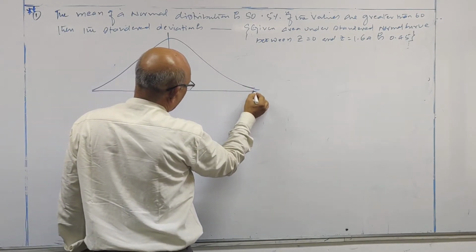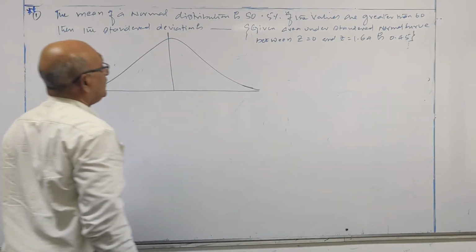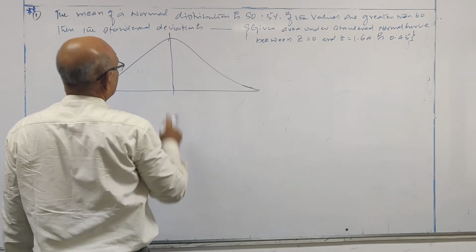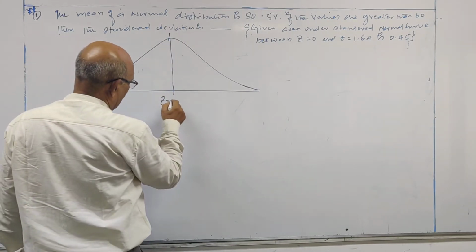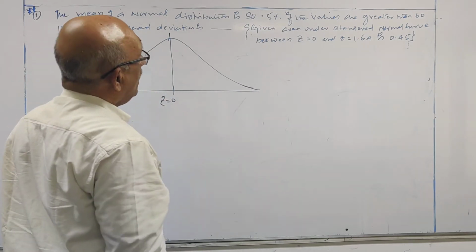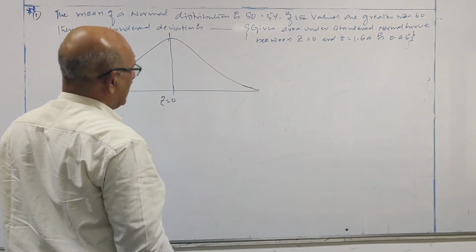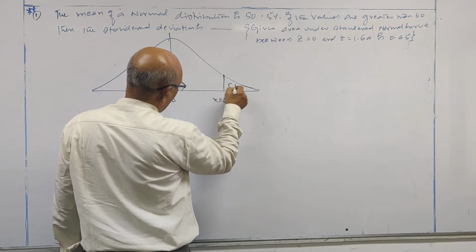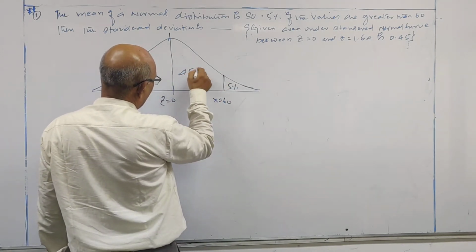If I take the normal curve in this manner, z is equal to 0. 5% of the values are greater than 60. X is equal to 60, this is 5%. So this is 45%.